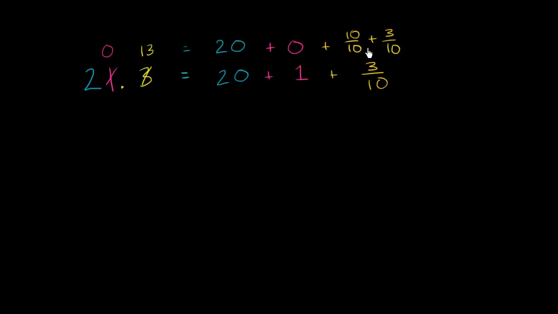And so this is going to be equal to 13 tenths. Let me write that down. So this is equal to 20 plus 0 ones. So 2 tens plus 0 ones plus 13 tenths.